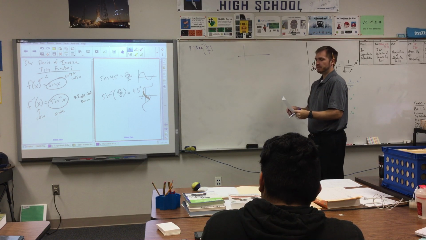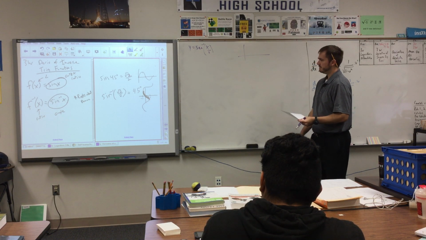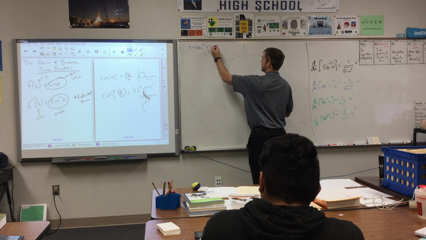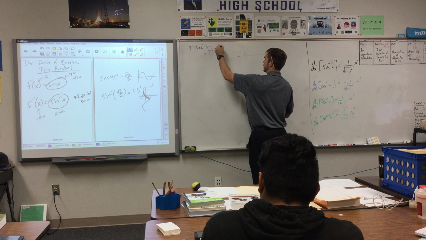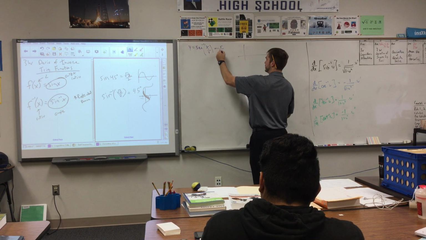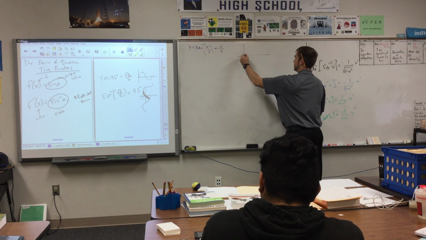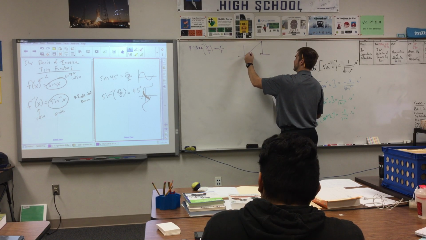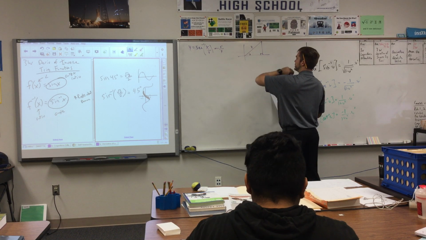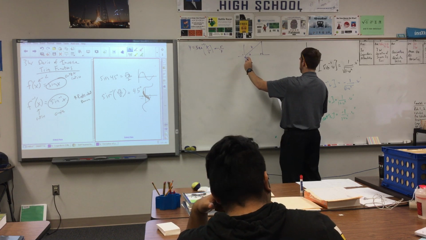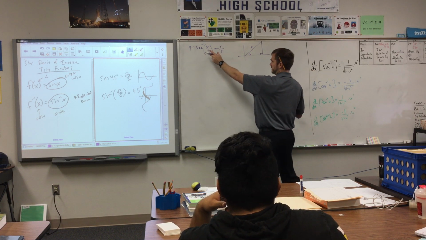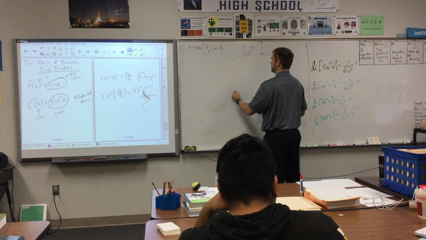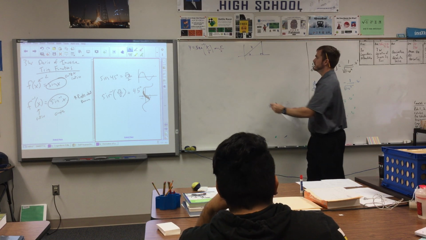Now you might not remember what secant is, but it's the r value over the x value.